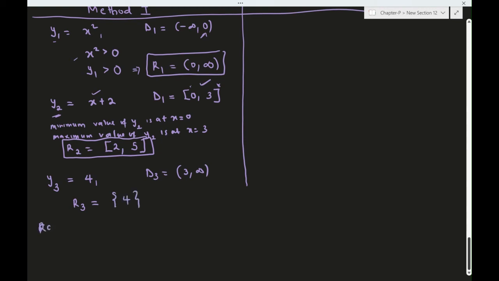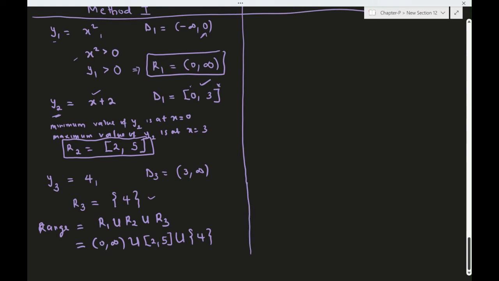So if you want to find the range of this function now, it's going to be R1 union R2 union R3. R1 is from 0 to infinity, union R2, which is the closed interval 2 to 5, and R3 is just 4, right?